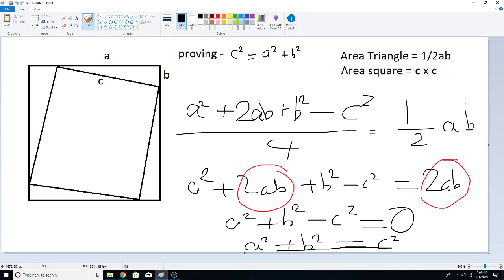Oh wow, you've just proven Pythagoras using basic principles of maths. You've built up on there and you've proved that you can do this. There are probably other ways of proving it as well.